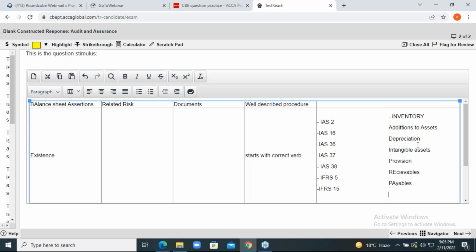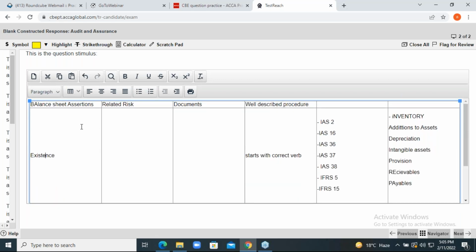But I would suggest that you please follow the process that we just discussed: understanding through assertions, related risks, and related documents. At least these three things should be memorized for every head. What are the related documents, what are the risks, and what are the assertions?